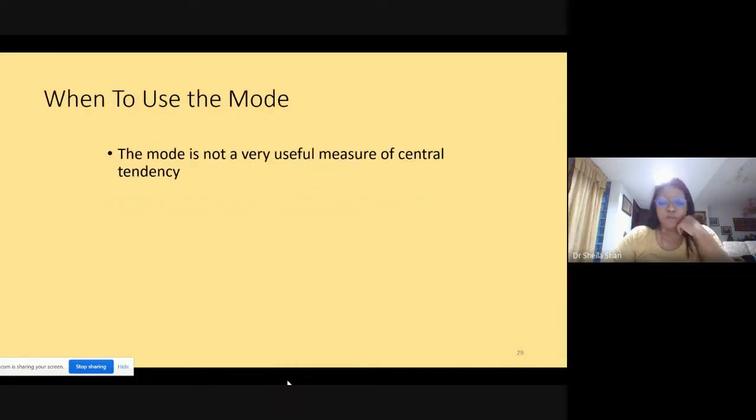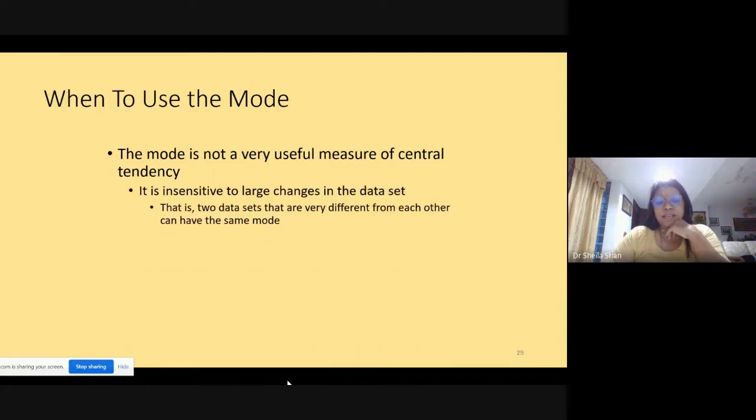When to use mode? The mode is not a very useful measure of central tendency because it is insensitive to large changes. Two data sets that are very different from each other can have the same mode. By using SPSS, all this becomes very easy.